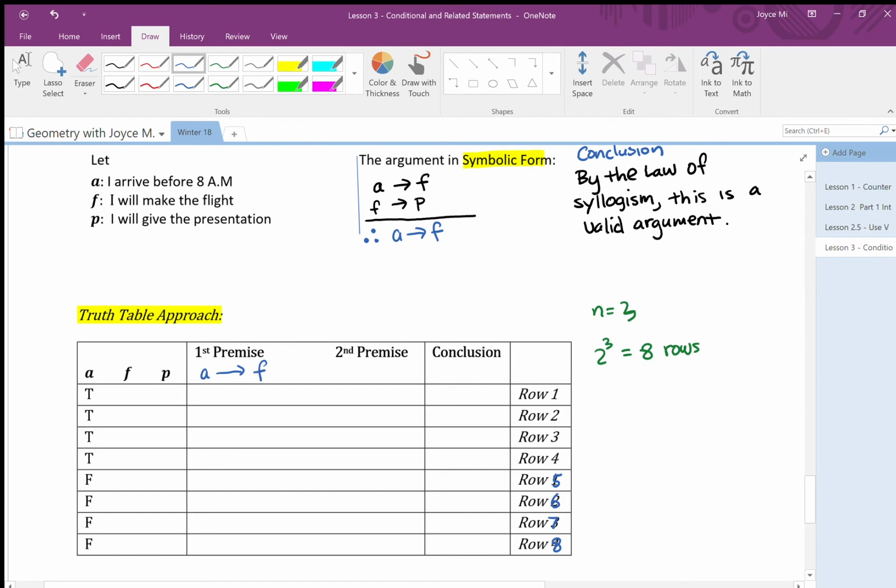And then the second piece is F implies P. And my conclusion is A implies F.